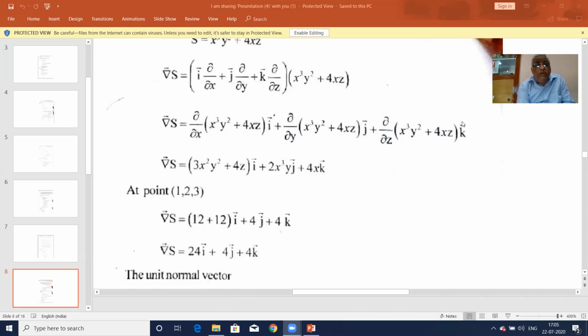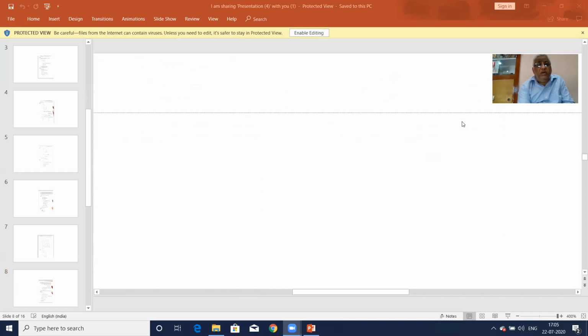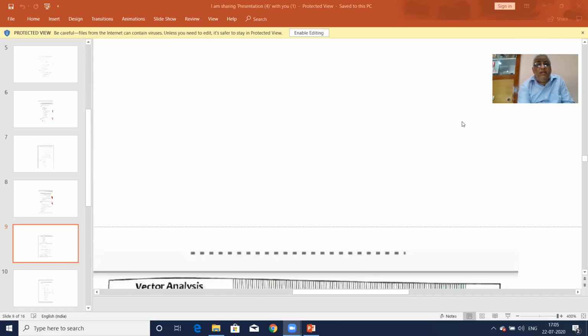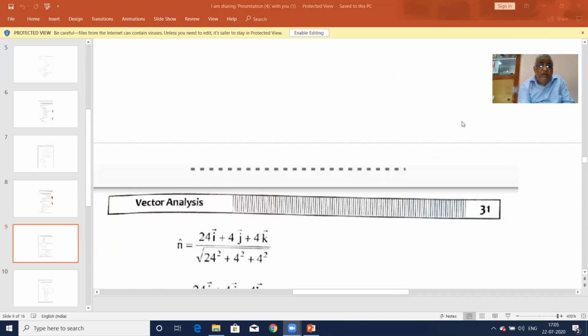Now you want to find the unit normal vector at the given point. How will n hat be given?